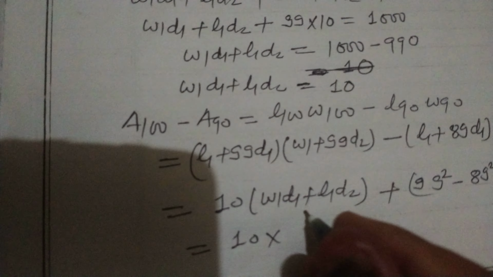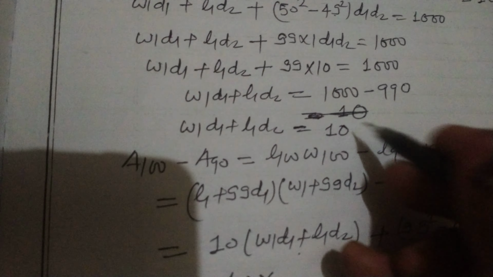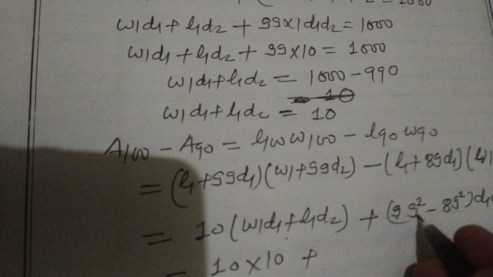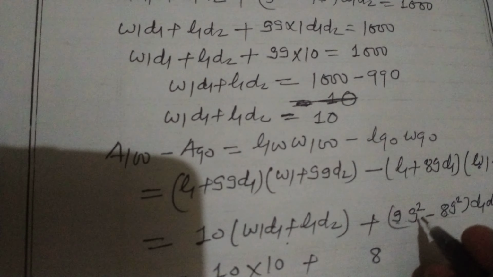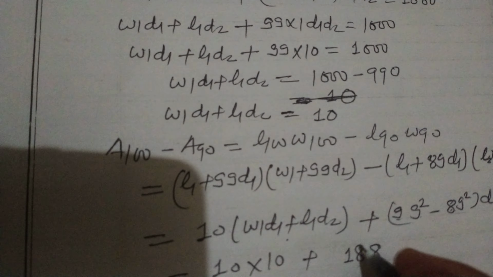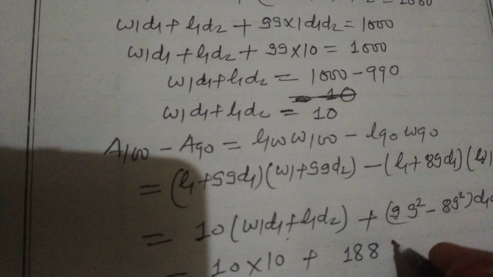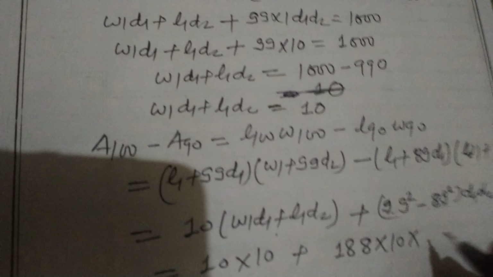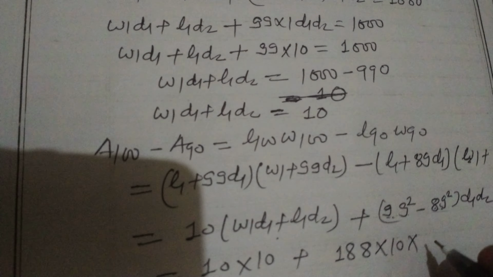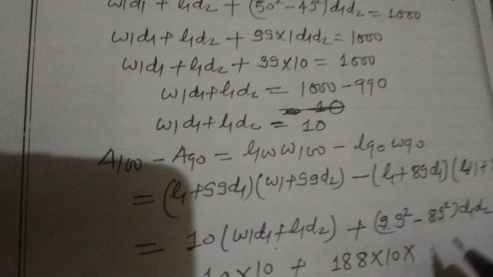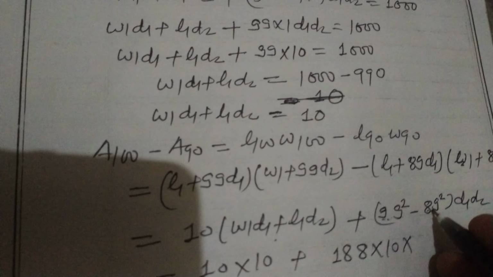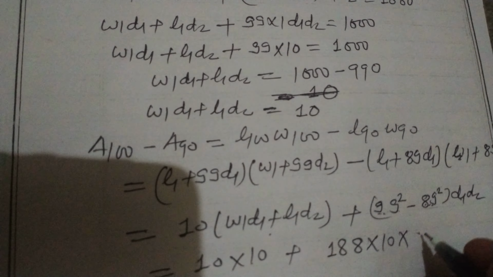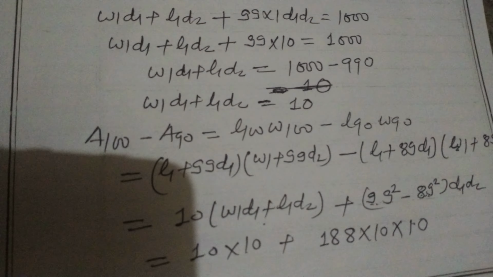Finally we put the values from here: 10 into 10, plus 99 plus 89, which is 188, and 99 minus 89, which is 10, into D1 D2, also 10.